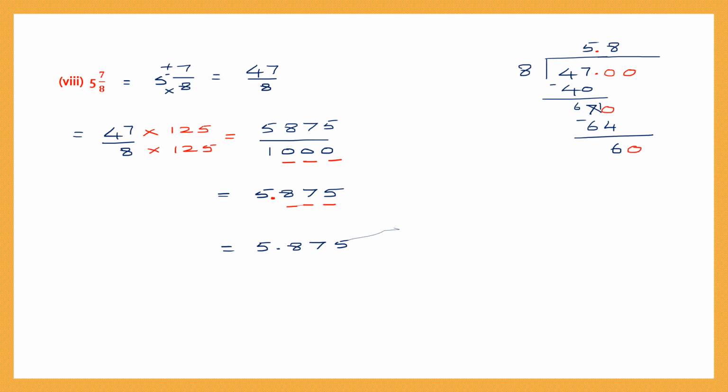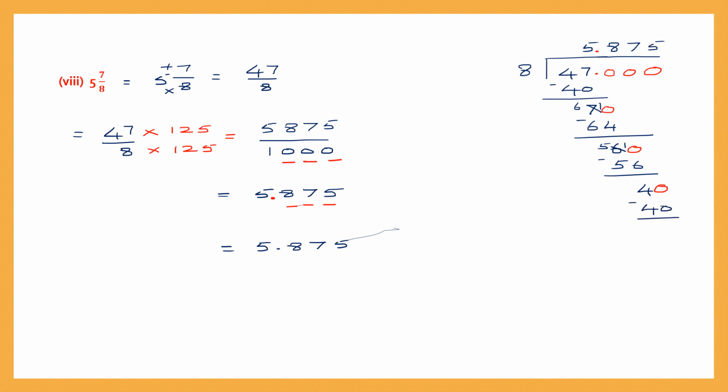So now we have 60. 8 7s are 56 minus, again subtract 5, 10. 10 minus 6 is 4. Again our remainder is not 0. So let's continue. Add one more 0 and bring that 0 down. Now the number is 40. So 8 5s are 40.